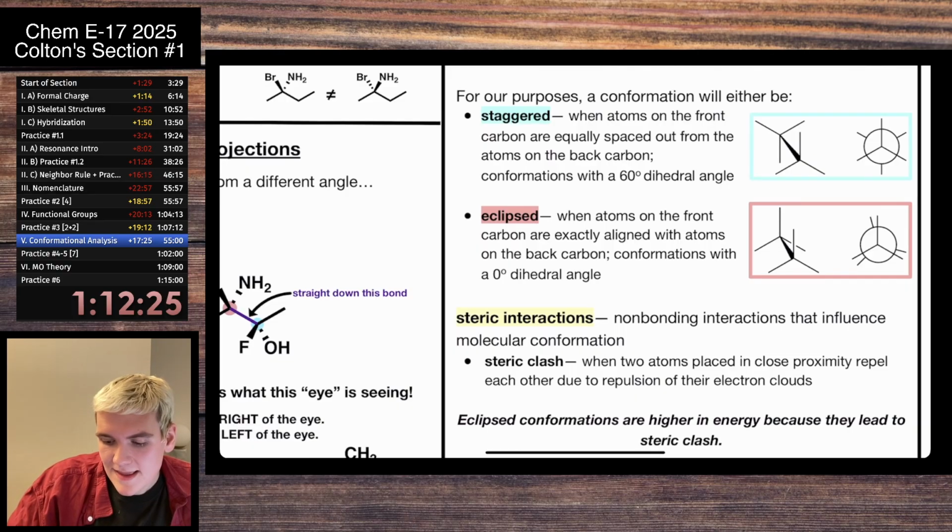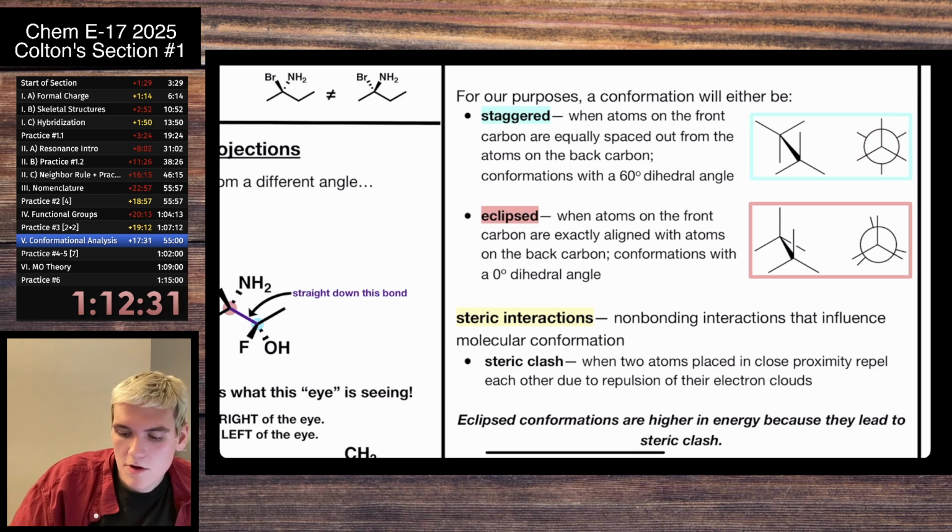So one is like in the choir where everyone's in between the heads of the people in the row in front of them. So when they are all having their own space and spaced out, this is called a staggered conformation. Or we could have them directly behind one another, which, your choir teacher would be very mad. This is called the eclipsed conformation.